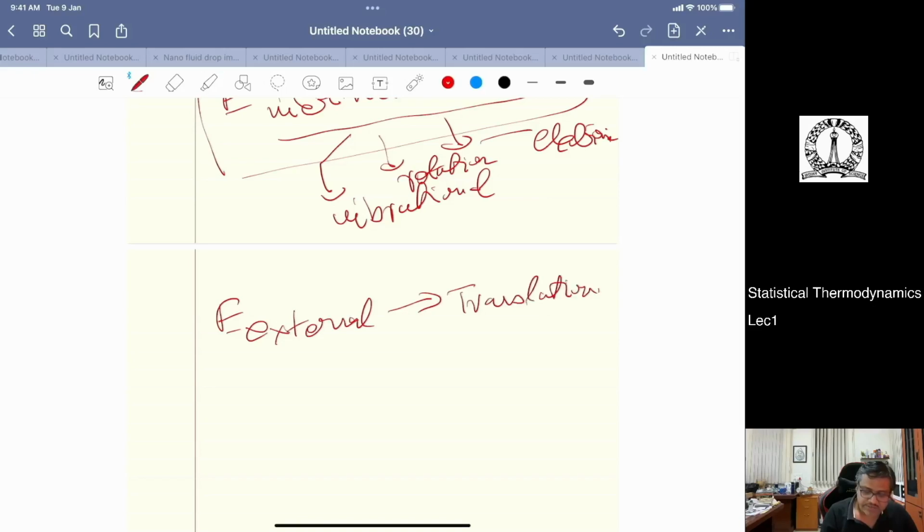That is how these things are differentiated, just for bookkeeping purposes. The external is basically the translational, because this involves bulk motion of the molecules, not the rotation relative to its own state.